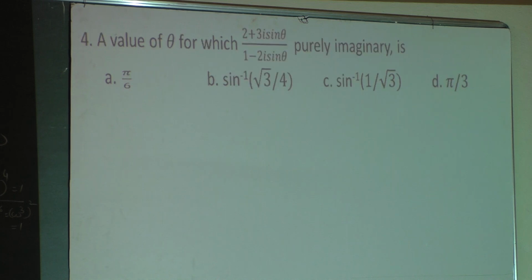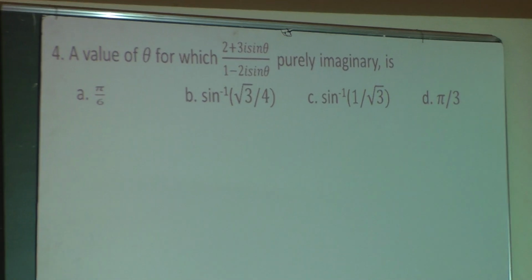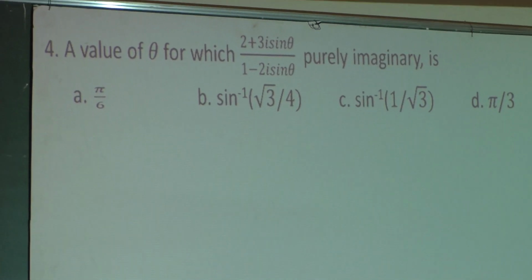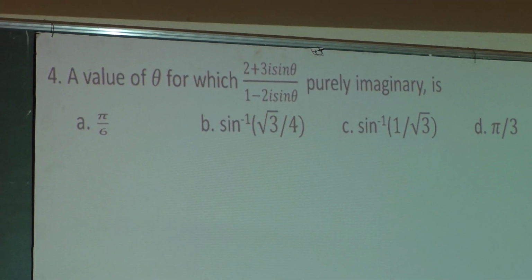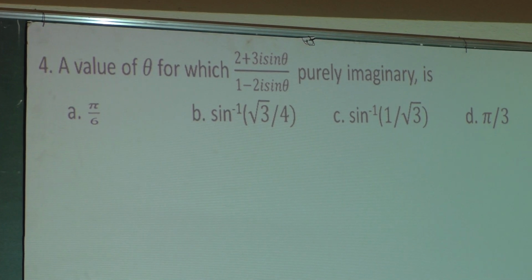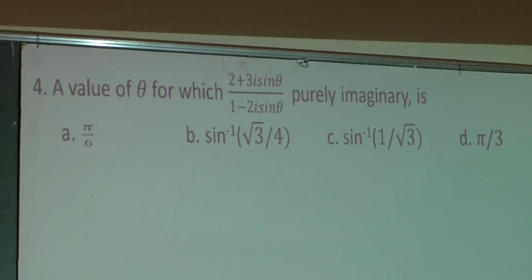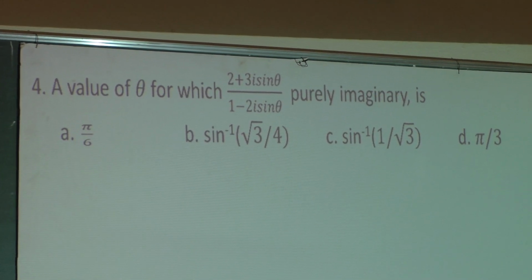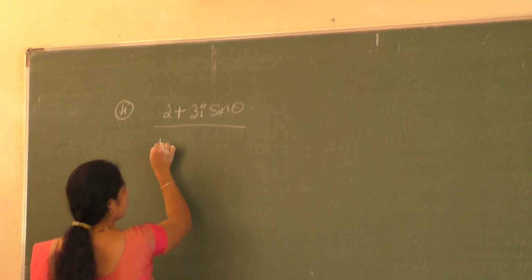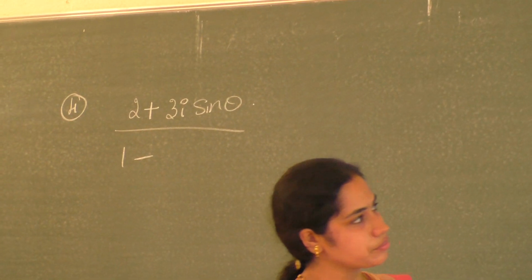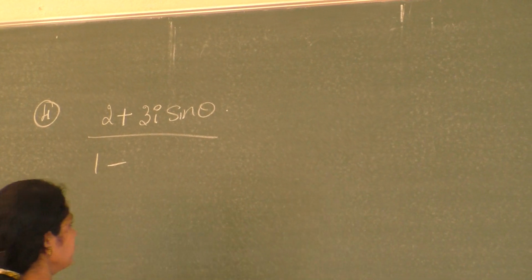Next one, fourth one. A value of theta for which (2 plus 3i sin theta) divided by (1 minus 2i sin theta) is purely imaginary is. The given complex number is 2 plus 3i sin theta divided by 1 minus 2i sin theta.